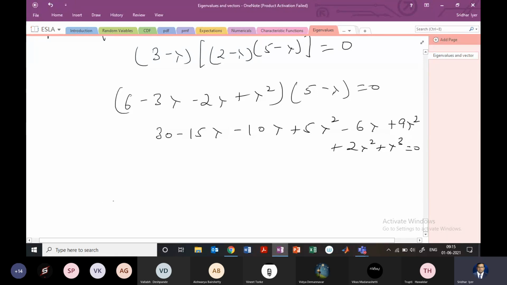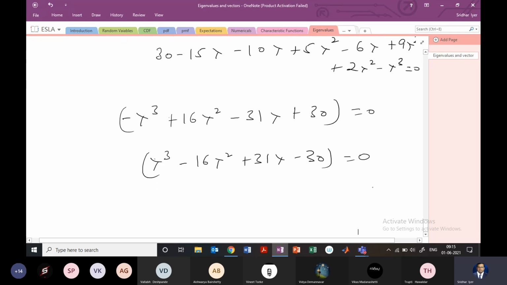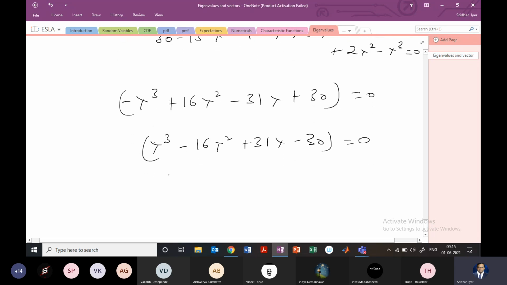So now doing the mathematics there, we have minus lambda cube plus 16 lambda square minus 31 lambda plus 30 equal to 0. So getting rid of that negative sign, lambda cube minus 16 lambda square plus 31 lambda minus 30 equal to 0. So now we can apply trial and error to see what answer we get.